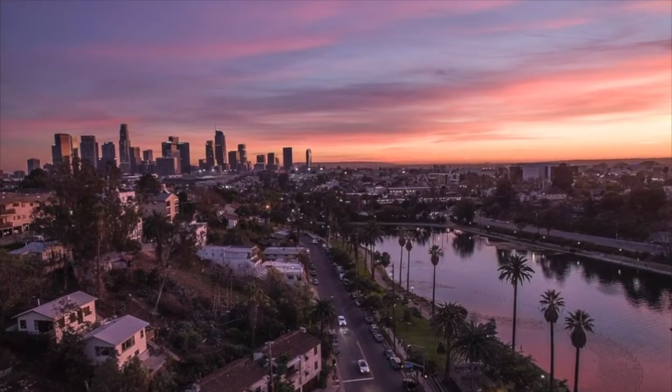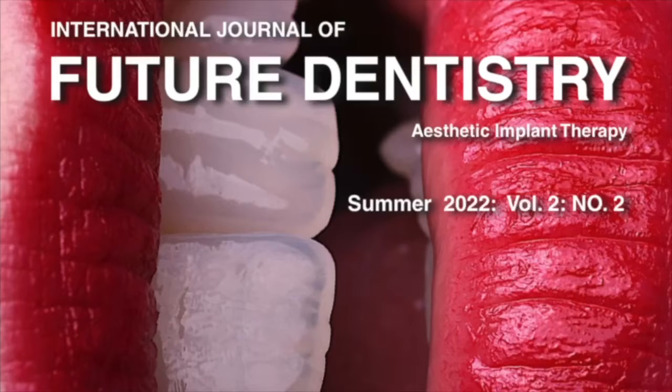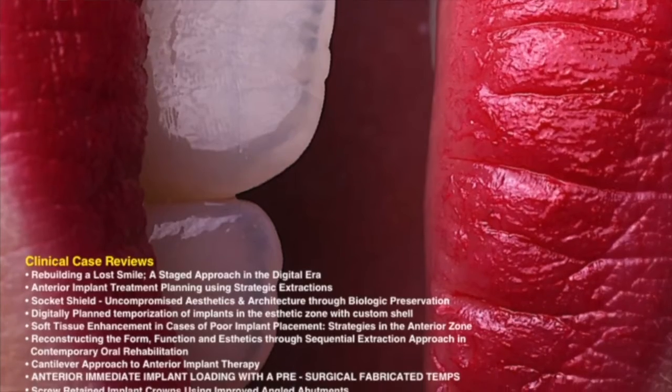Hi everyone, this is Dmitry Ivanov. I'm a board-certified periodontist and implant specialist practicing in Los Angeles, Southern California. It's absolutely an honor to be a contributing author to the International Journal of Future Dentistry. Implantology in the aesthetic zone is a fascinating field, and it plays a very large portion of my own periodontal practice.